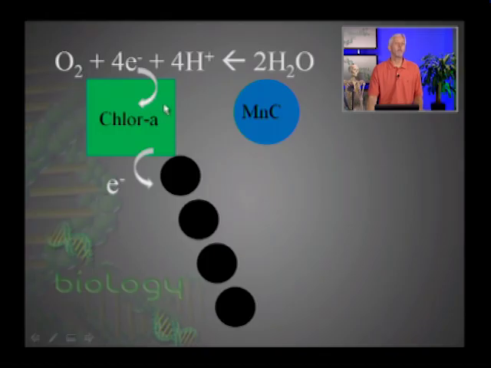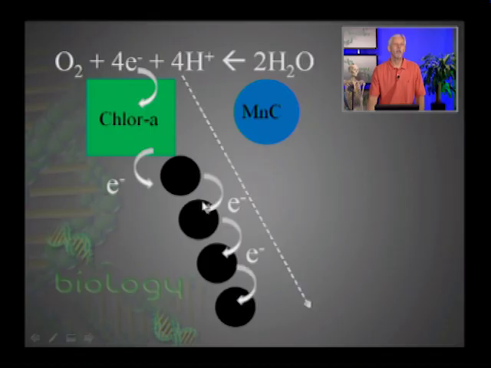Those will replace the electrons lost by the chlorophyll A. If those electrons are not replaced by electrons from water, this electron just gets reabsorbed. And what's important is that loss of electron is the initiation, the beginning of photosynthesis. That's where photosynthesis begins. Now, we've talked about electron transport systems, and so the electron then gets passed through the electron transport system, and hydrogen protons will just passively follow along.